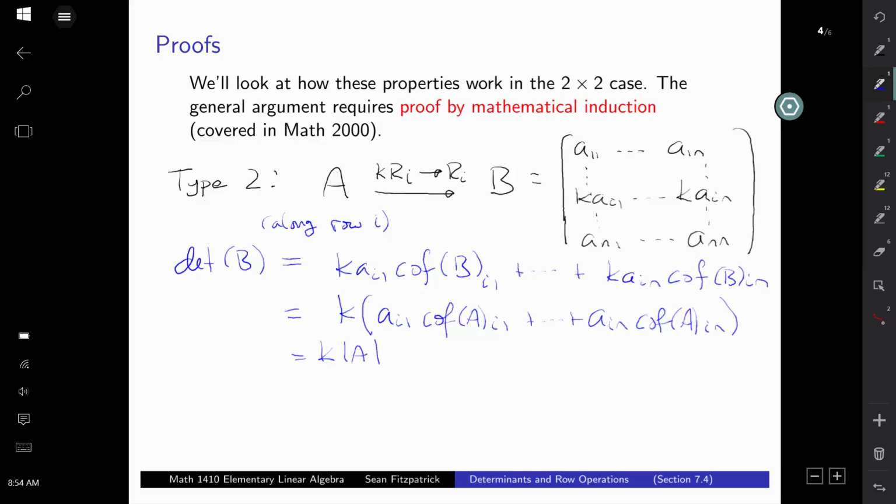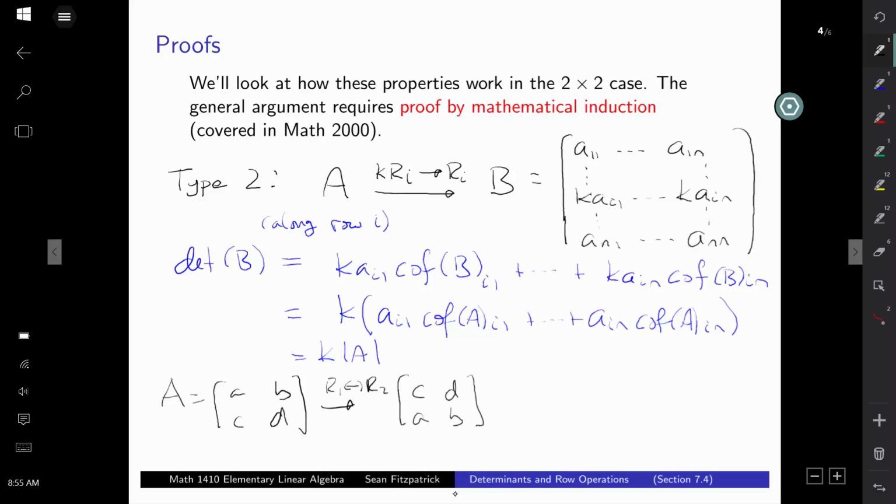Now, arguing the other ones in general takes a little bit of work, so we're not going to do the general proofs. But we can see that if A looks like a, b, c, d, and I switch row 1 and row 2, I get c, d, and then a, b.